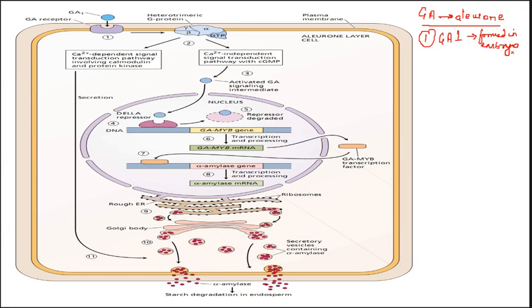Okay, so once it is moving from the embryo to the aleurone layer, what will happen? It will bind to the cell surface receptor, which is a GA receptor complex.